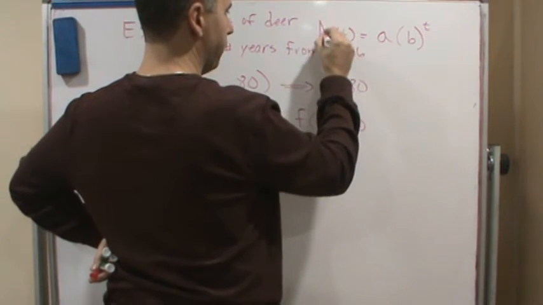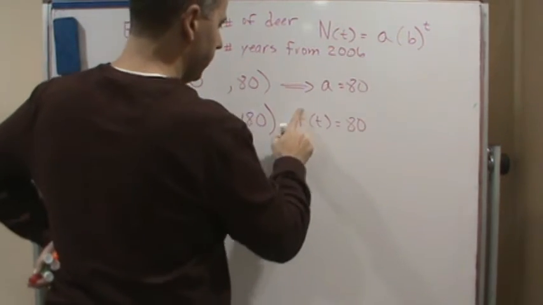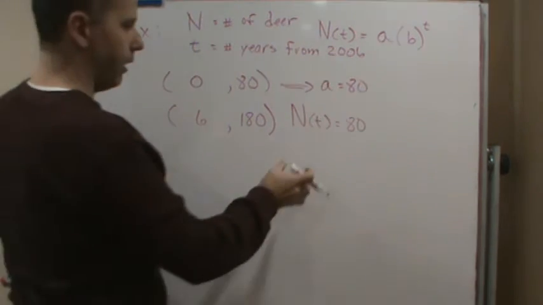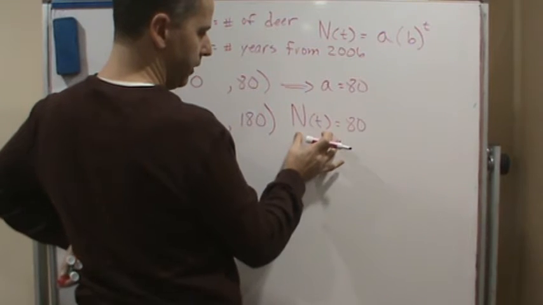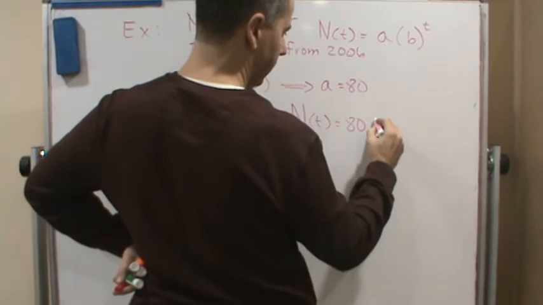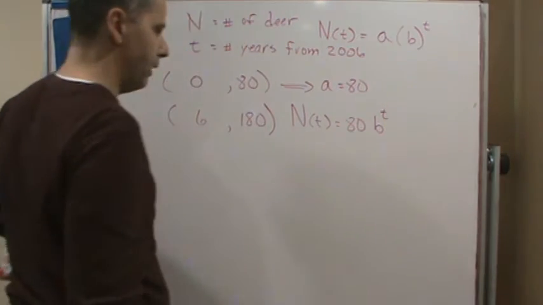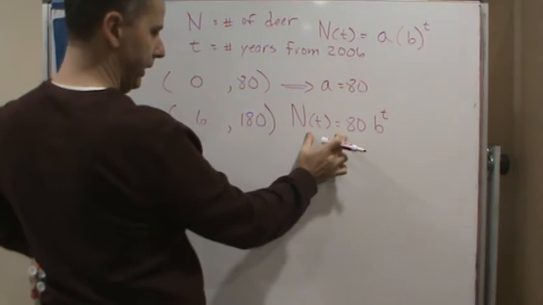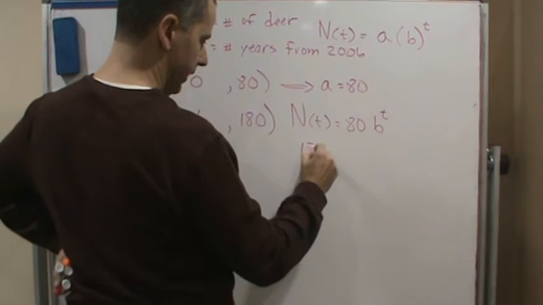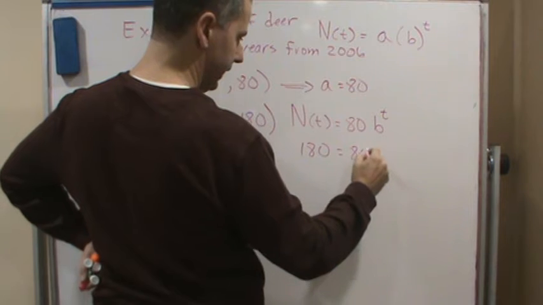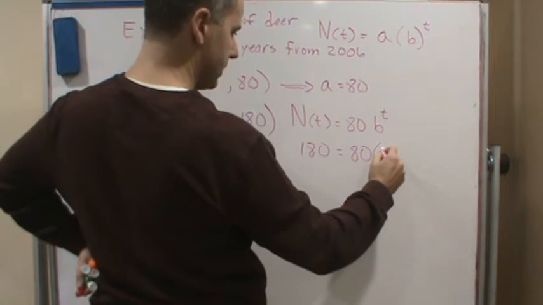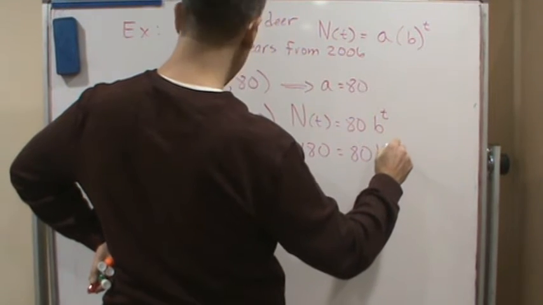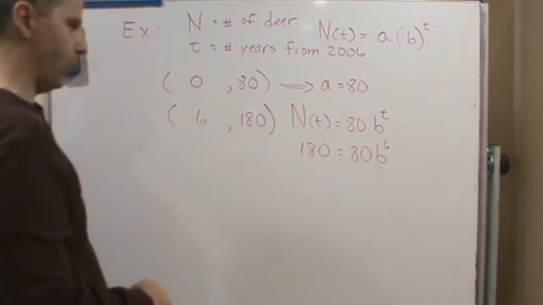So instead of f, which is what we use generically, we're going to use capital N. Okay, so our model so far is going to be N of t equals 80 b to the power of t. And so now we're going to use this other point. So that means we have 180 equals 80 times b raised to the power of 6.